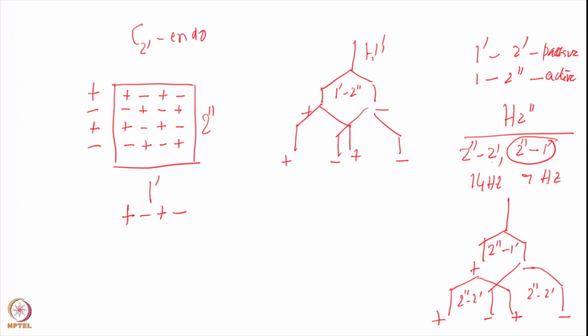In the case of the 1', 2' peak, they have the 2', 3' coupling also in addition, okay. So go to the 1', 2' coupling, the same geometry, C2' endo. Now I want to see what will be for the 1', 2' peak. See the 1', 2', now what are the actual couplings here?